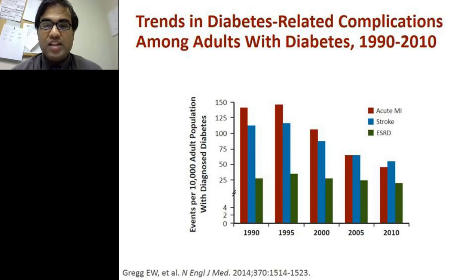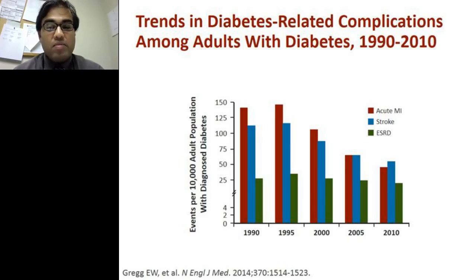And as you can see here, the data now is from 2010. So I think what can be clearly noted here is that we have had a drop in cardiovascular events. And as you can see here in red, the acute myocardial infarction has clearly gone down over the years.